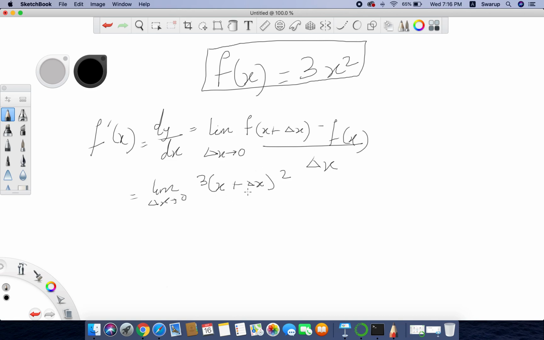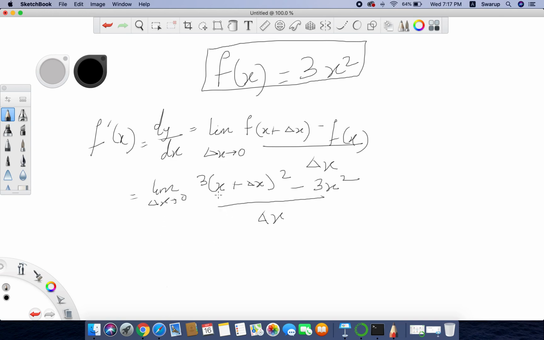So this x square will be x plus delta x square minus 3x square. As the formula says, f of x plus delta x minus f of x, so we have taken f of x plus delta x minus f of x divided by delta x. So this is the particular equation.